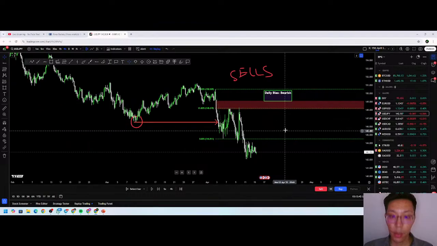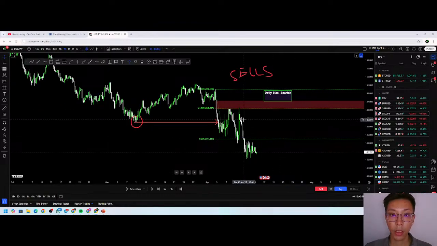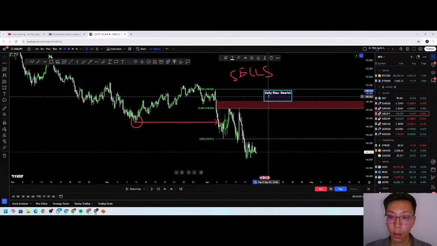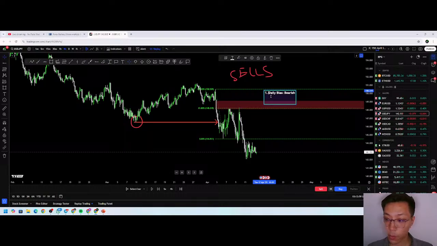Okay, see, you can see how price actually reacted to the 61.8% FIBO retracement level because let me just type it here. First one is this, second one, third.